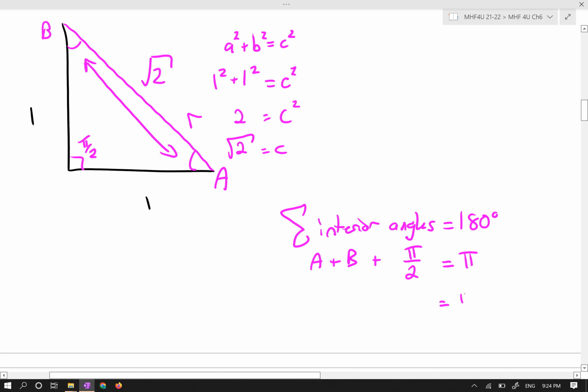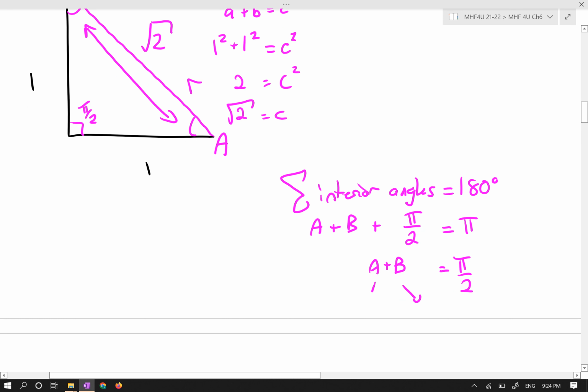So pi minus pi over 2, and that is pi over 2, is equal to A plus B. And since we know A and B are the same angle, we can skip a bit of a step in the analysis here. B must be equal to pi over 4. A must be equal to pi over 4. And we have now derived the entirety of this special triangle.